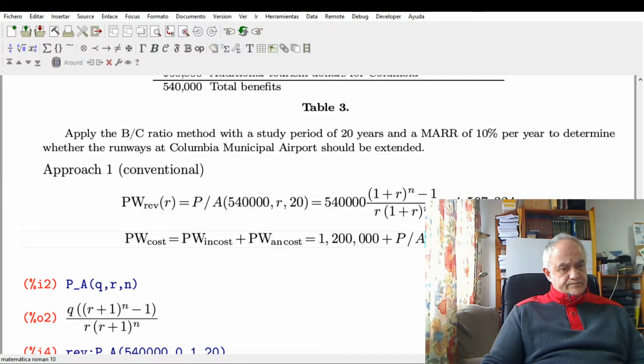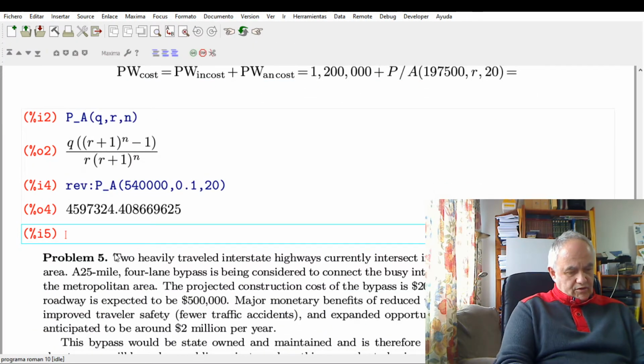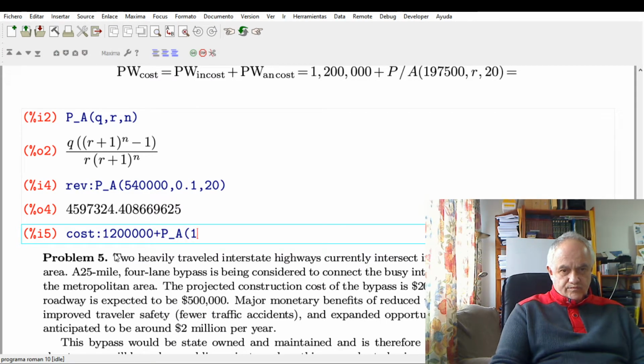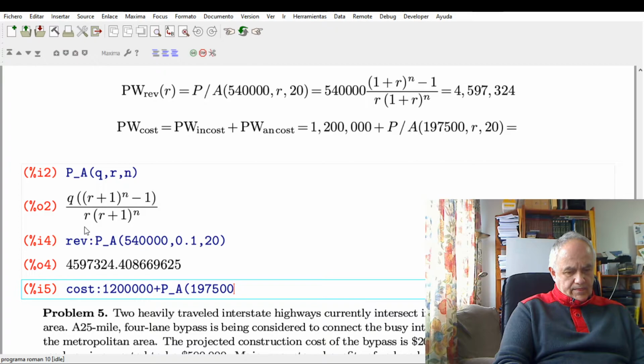Okay, and in our case, this will be cost, costs equal to 1,000 plus P over A, 197.5, at the 0.1 during 20 years. That's pretty simple.